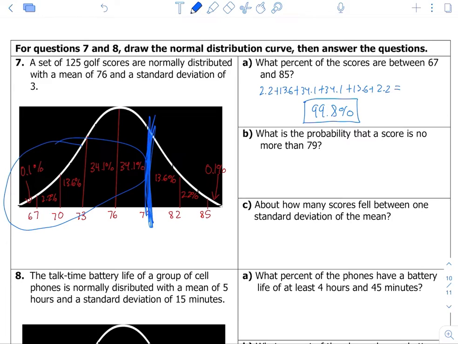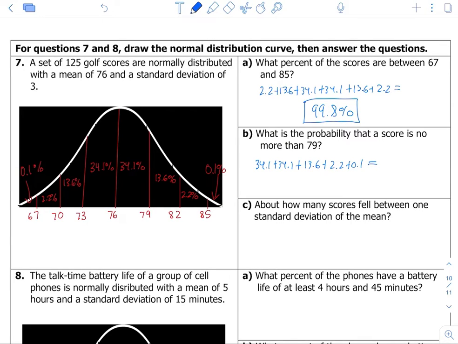Essentially, that's what it means for a score to be no more than 79. Well, 34.1 plus 34.1 plus 13.6 plus 2.2 plus 0.1. Add those all together, and you should get, I will be adding it as well, 84.1%.